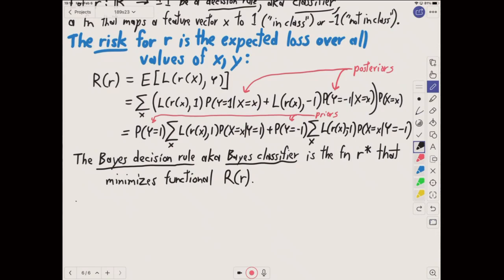It's a perfectly valid thing to do, to feed a function into another function. Now, what I want to do is figure out, for this definition of risk, what is the Bayes decision rule? I just want to reinforce the assumption that the loss is always 0 for a correct prediction.